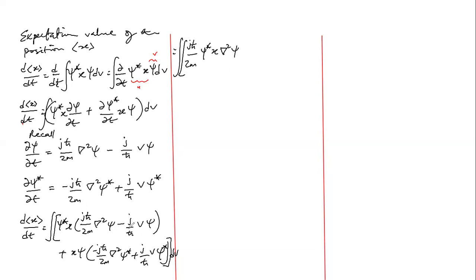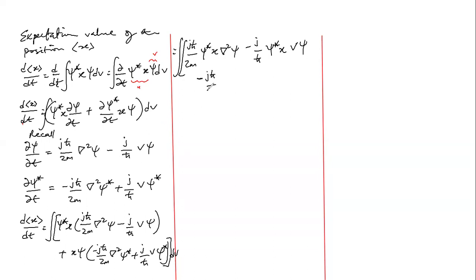Then minus j over h cross, then psi conjugate x V psi. For the next term, this is minus, so plus times minus is minus.